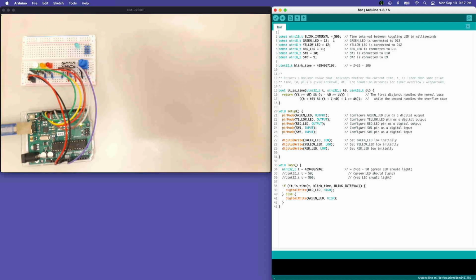And I've set up blink interval to be 500, and I've set up t, a number of different cases for t. So the first case is t is equal to this 2 to the 32nd minus 50. And this was the case that failed before, and we expect the green LED should light because it's not time yet.